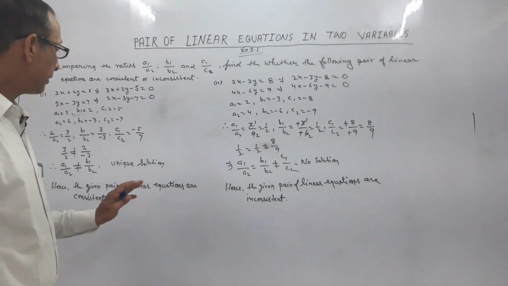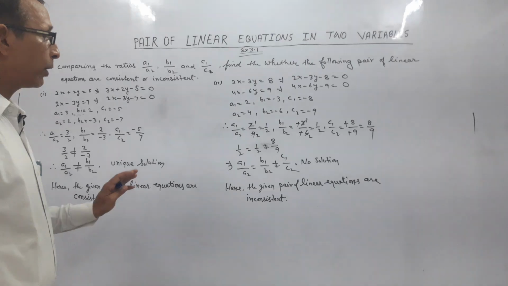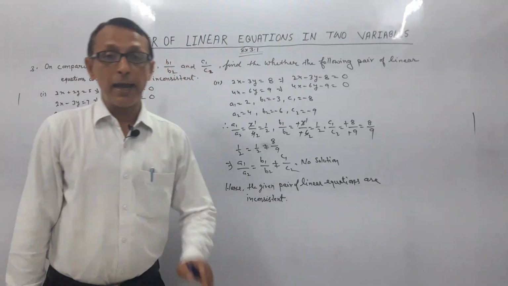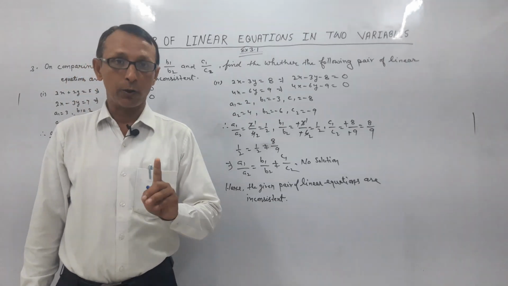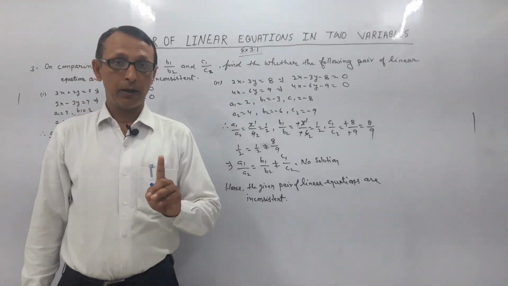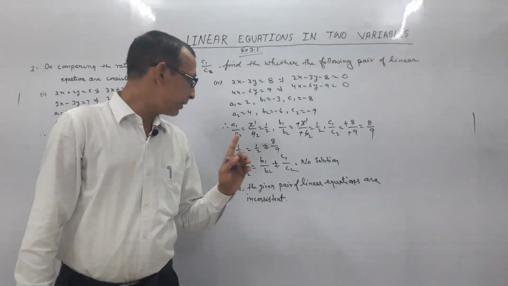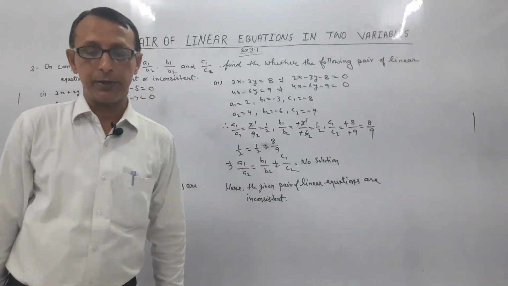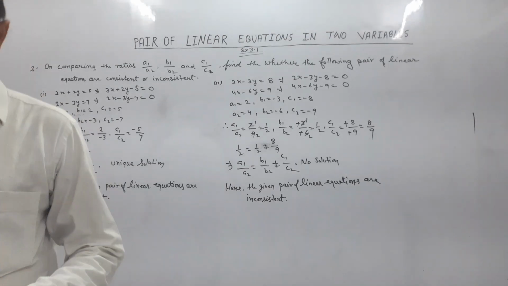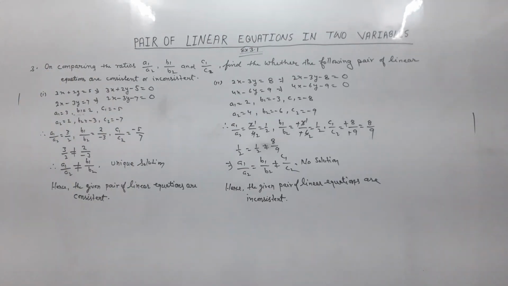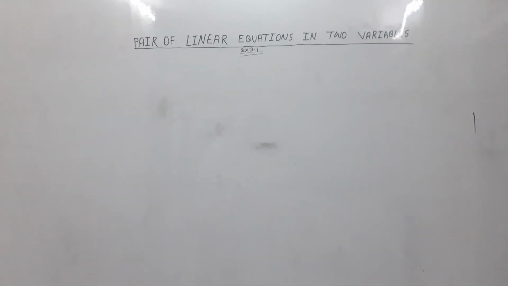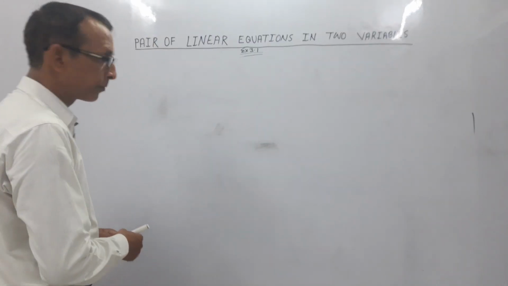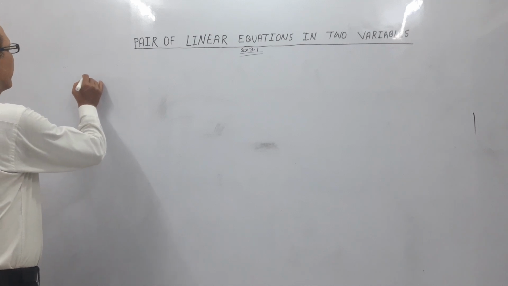Did you understand? Okay, because no solution. Consistent means at least one solution. Understood? So this is the example of consistent. This is the example of inconsistent. Okay, now next question की तरफ चलते हैं. Now question number 3.